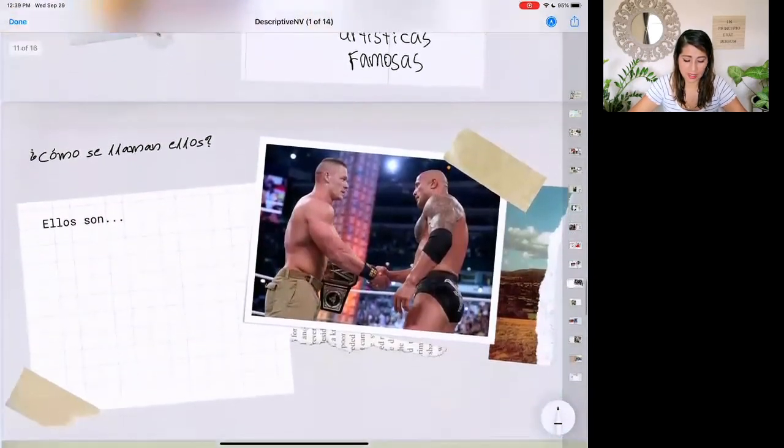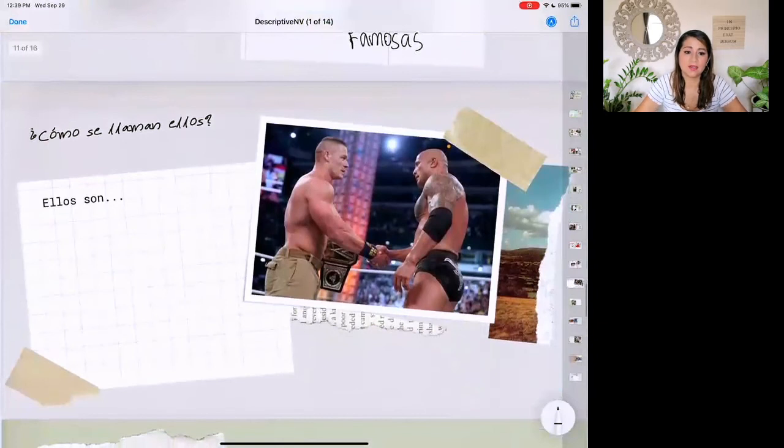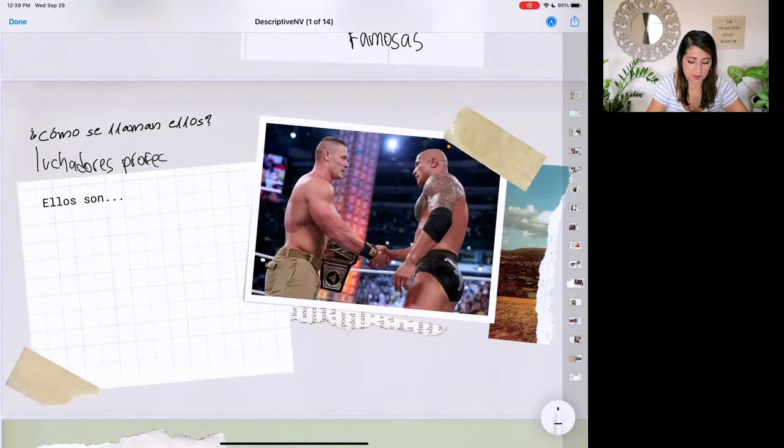Bien. Ok, ellos. ¿Cómo se llaman ellos? Ellos son luchadores. Luchadores means wrestlers. Luchadores profesionales de WWE. Él es John Cena.